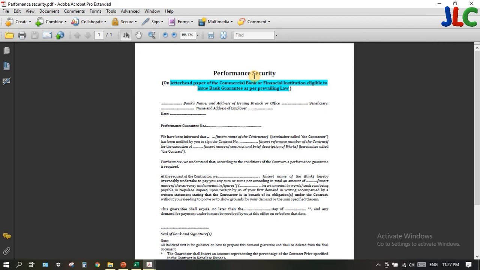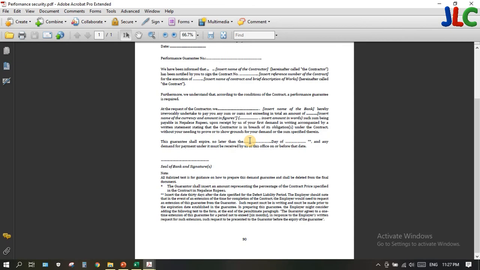After issuance of the letter of acceptance, the successful bidder will have to bring the performance bond in this format of the bank, on the letterhead of the bank.